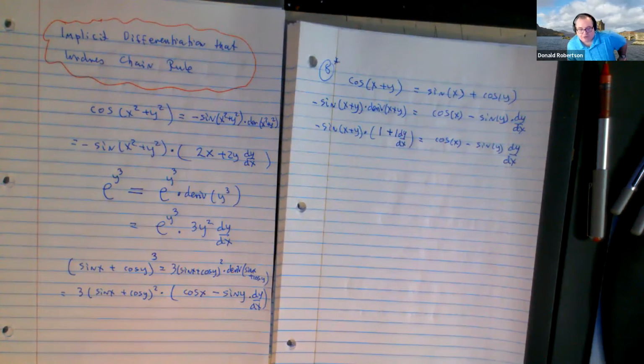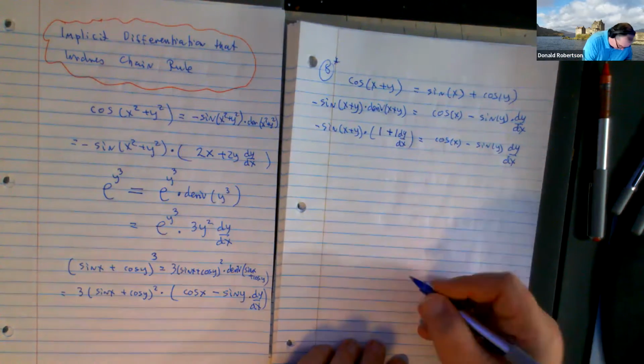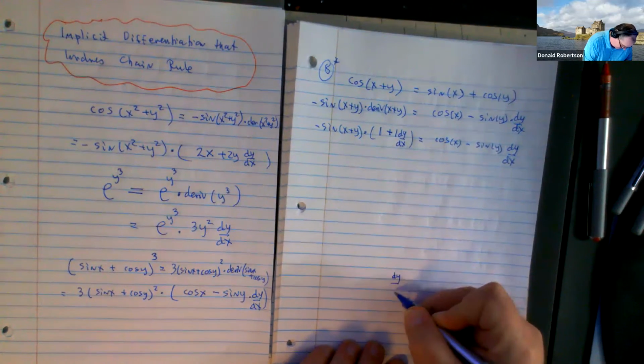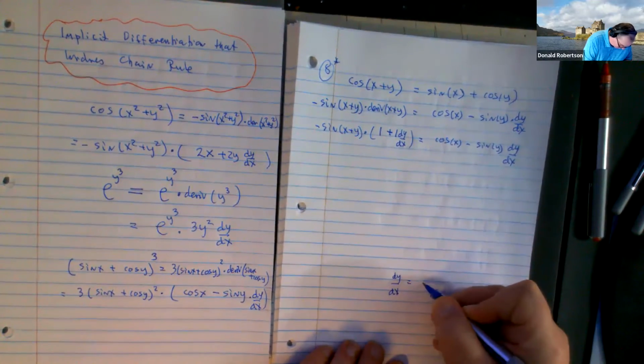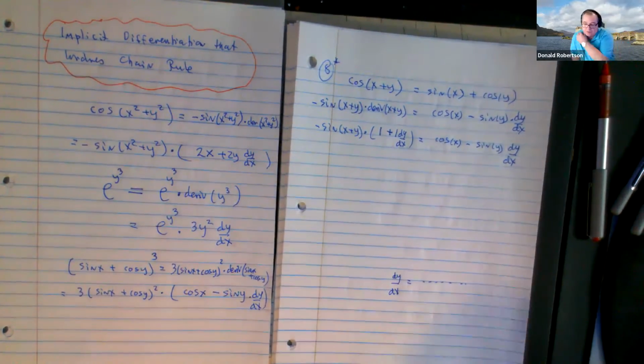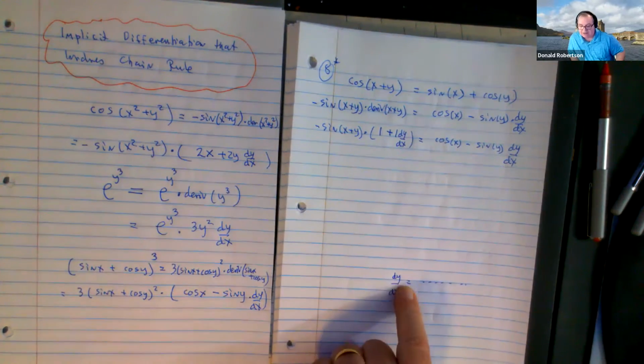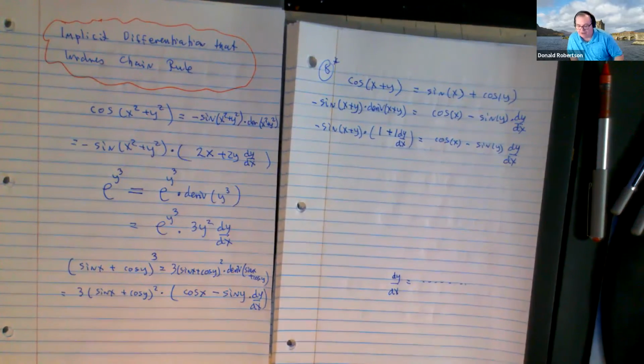Now, when you have chain rules, as we do here, the algebra can be a little bit different. I know the final goal is somewhere down here. I'm going to write down dy by dx equals. That's where I'm going to end up. But there's a lot of things between here and here to get me to here. I can't just do it in one line.